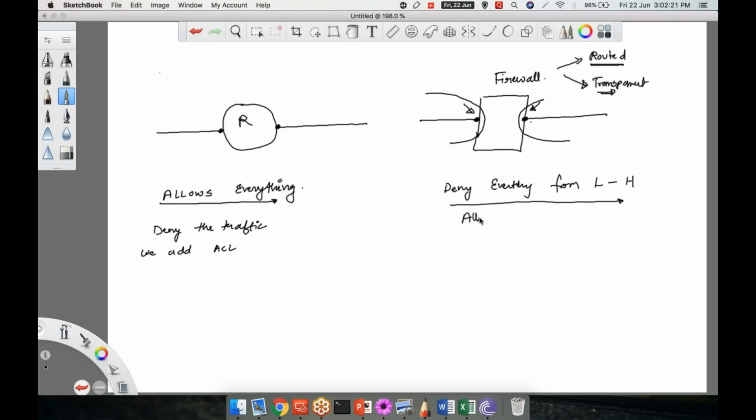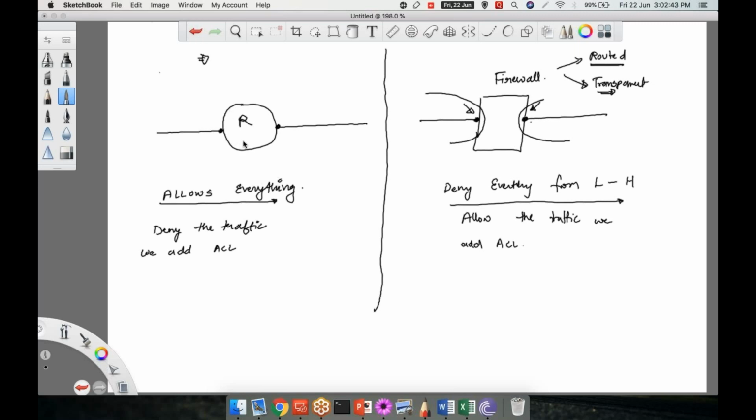To allow the traffic, we add the access list over there. So the concept of the firewall came later, but we have had routers running in production for maybe a decade or two decades.